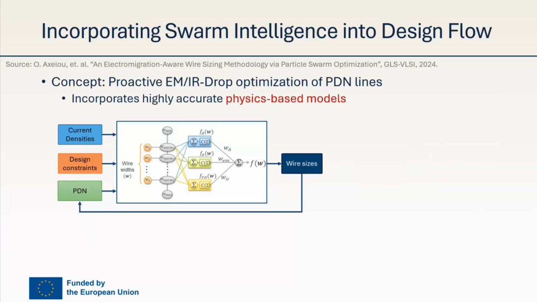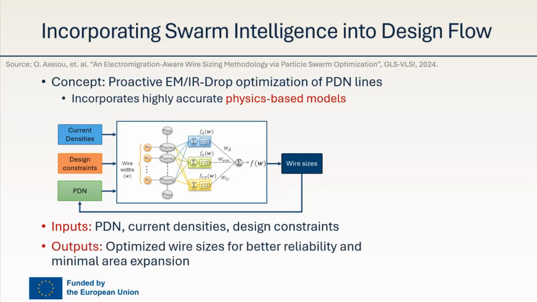So the concept is to perform electromigration and IR drop optimization on power distribution network lines as a proactive solution, and this is actually becoming quite crucial as the technologies shrink. In particular, the proposed method takes as inputs the power grid characteristics, the current densities, and the design constraints, and as output, it provides optimized wire sizes to balance reliability and area efficiency.